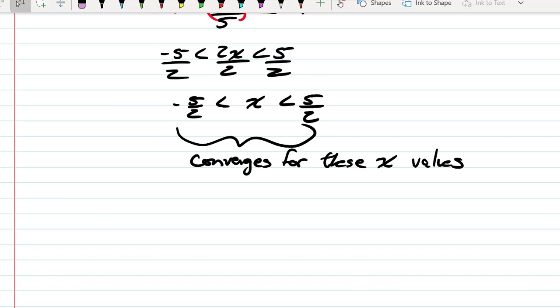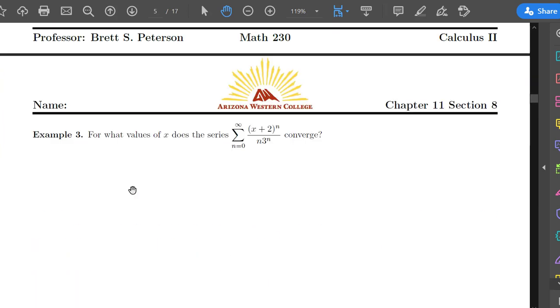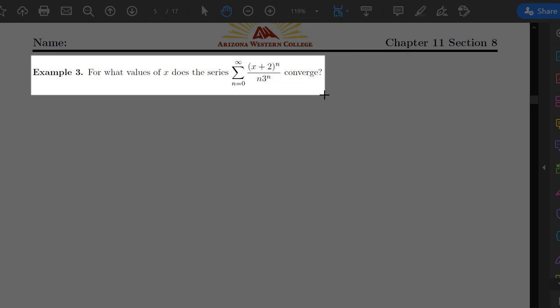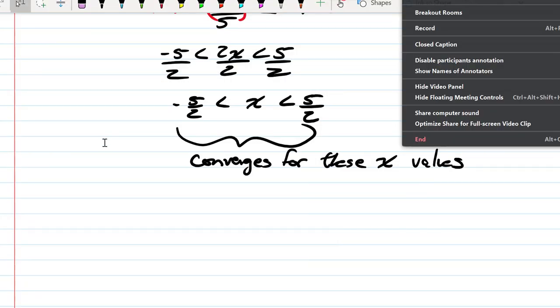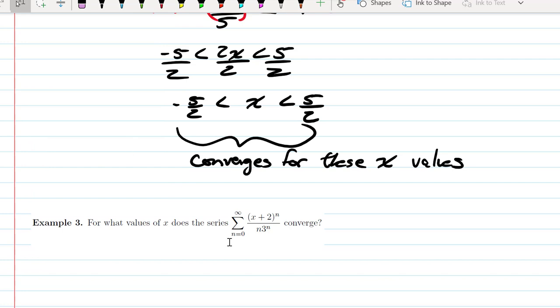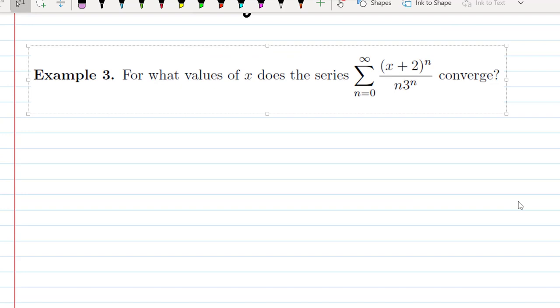All right, so let's take a look at our next one. We want to know, once again, for what values of x does this converge.